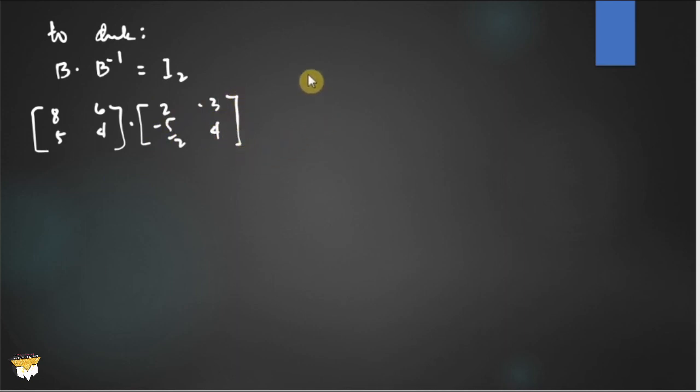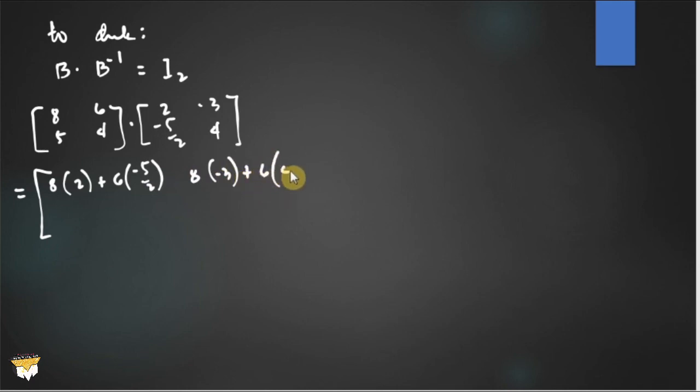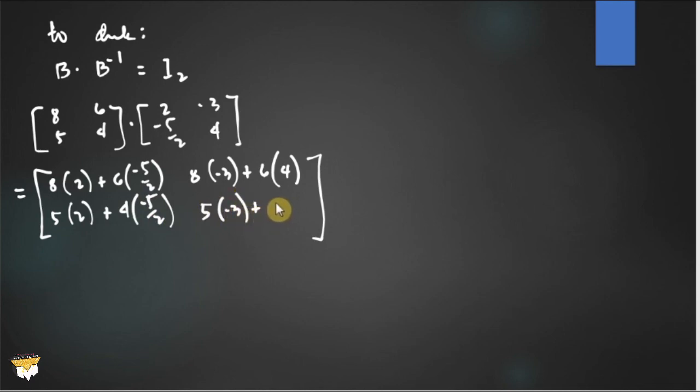Okay, so multiplying this, we have 8 times 2 plus 6 times negative 5 over 2. Then we have 8 times negative 3 plus 6 times positive 4. Then, we have 5 times 2, then, plus 4 times negative 5 over 2. Then, we have 5 times negative 3 plus 4 times positive 4.